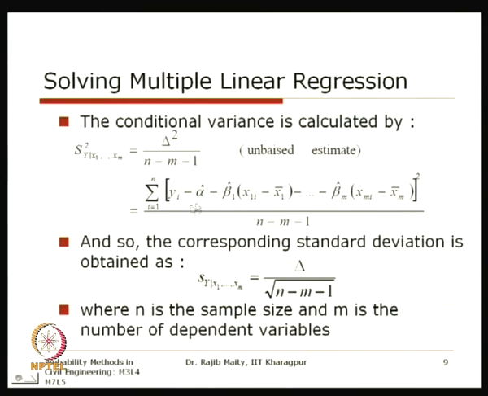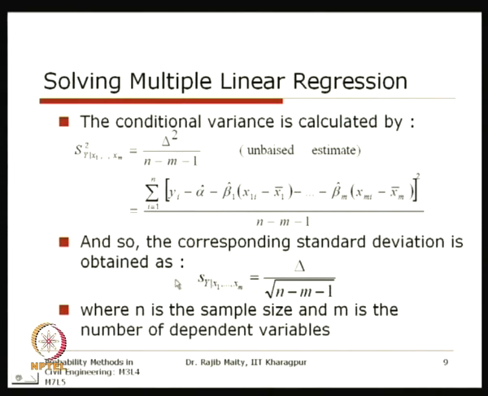Again, one more parameter, alpha hat, is calculated. So basically m plus 1 degrees of freedom are lost. In simple linear regression there are two constants to estimate, so 2 degrees of freedom were lost there, and it was delta square divided by n minus 2. So, this is the unbiased estimate of the conditional variance of y.